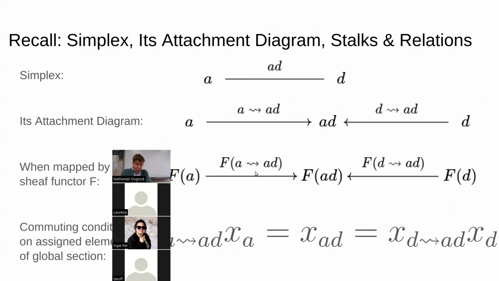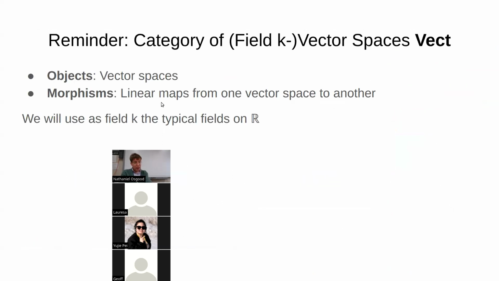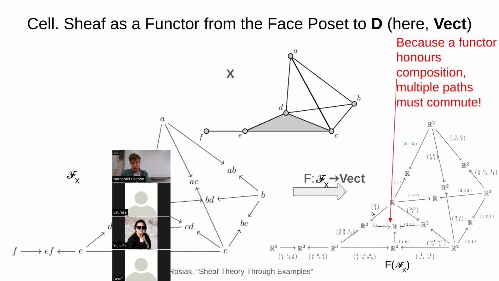In other words, these are the morphisms in the category of vector spaces. These are the linear maps. Each of these morphisms turns into a morphism between vector spaces, which are linear maps. Are we good with this idea?